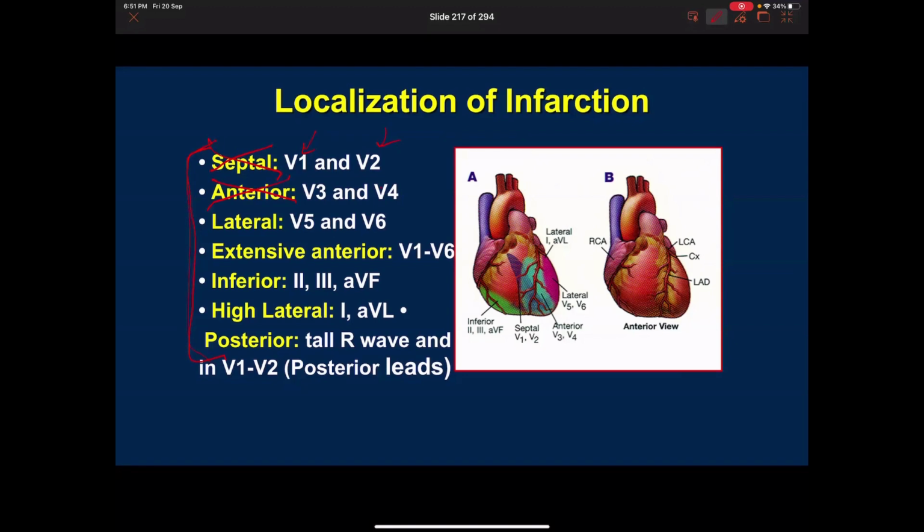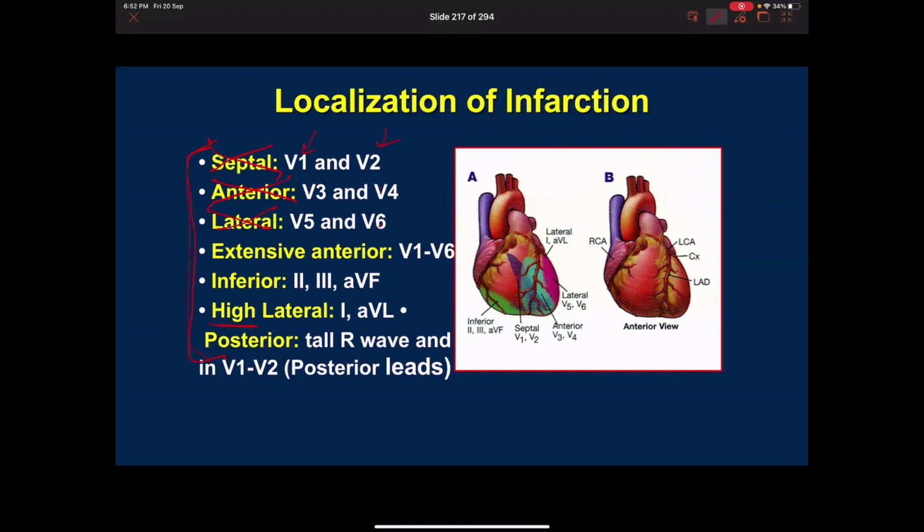Let's say you saw it in V5 but not V6, you cannot call it lateral. It has to be in 2 consecutive leads, okay? So in order to call it a septal MI, you need to see a STEMI in V1 and V2. In order to call it an anterior MI, you need to see a STEMI in V3 and V4, and so on, okay?